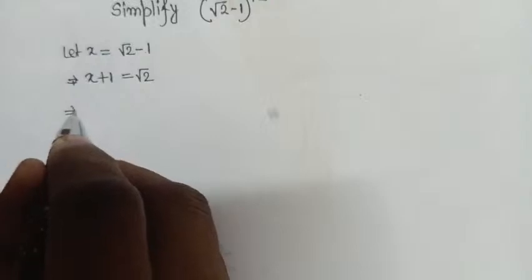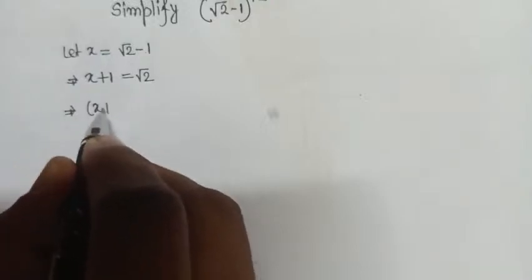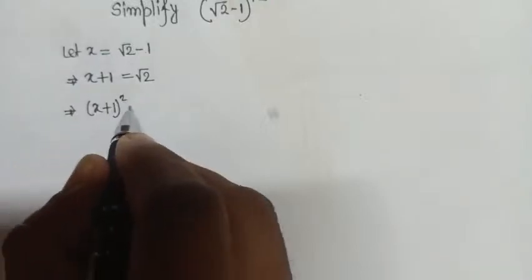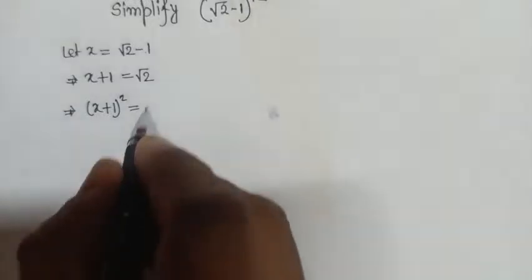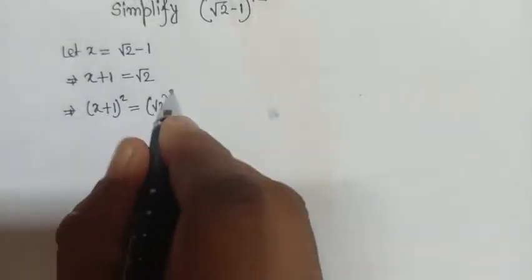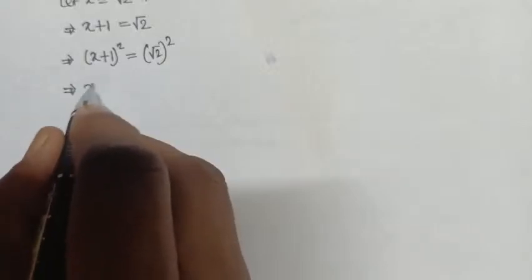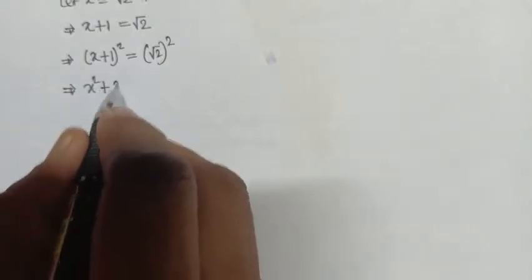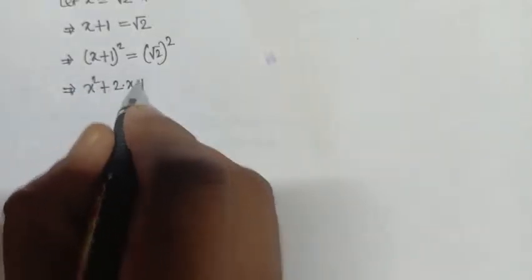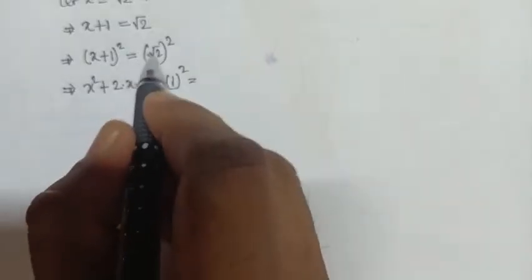Now we are going to square both sides. x plus 1 squared is equal to root 2 squared. So we get x square plus 2x plus 1 square, and here the square root and square cancel out. We get only 2.